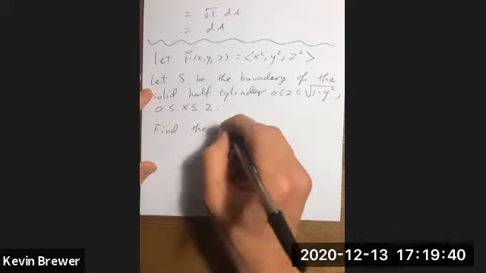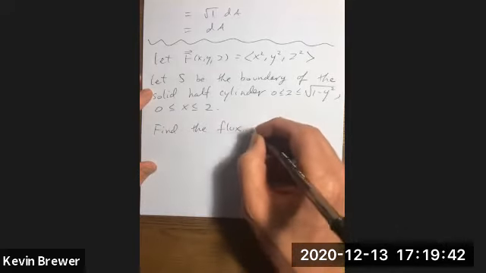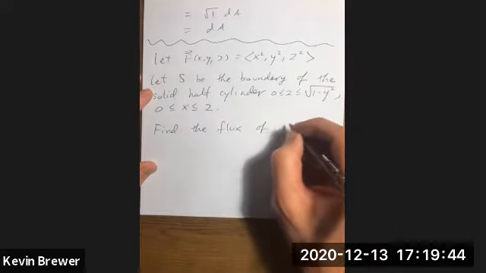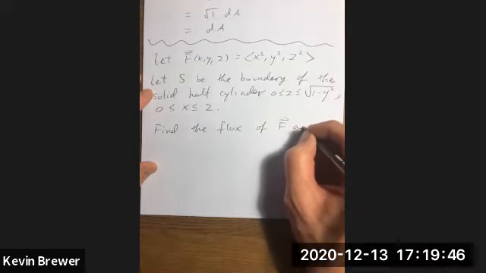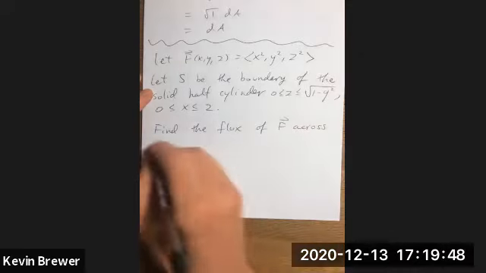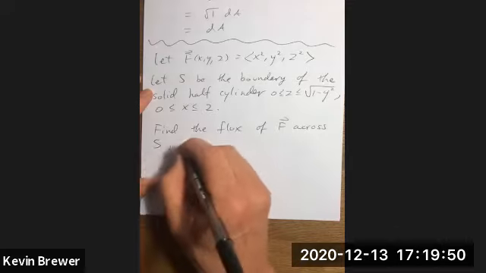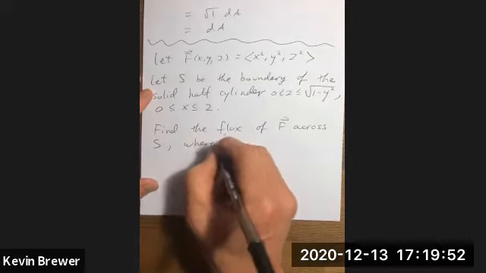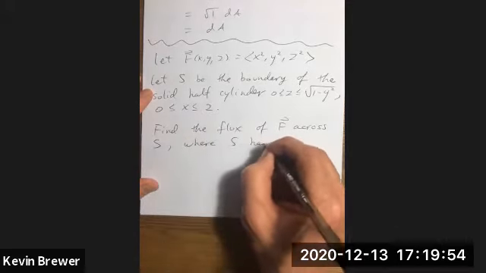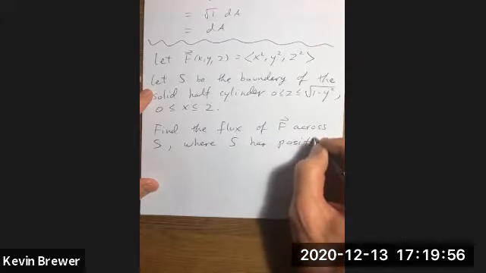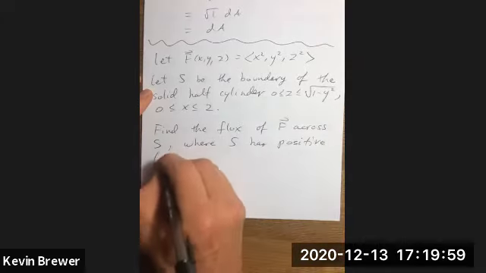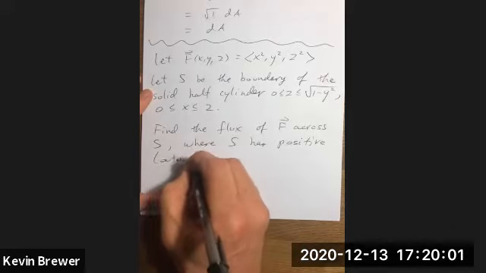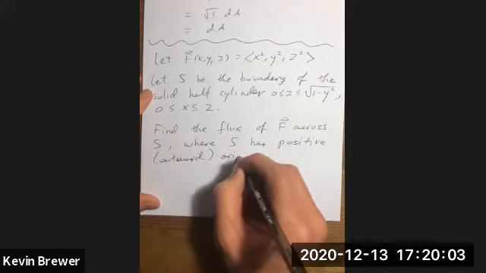And let's find the flux of F across S, where S has positive, in other words, outward orientation.